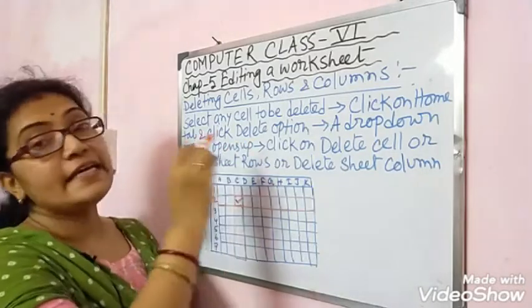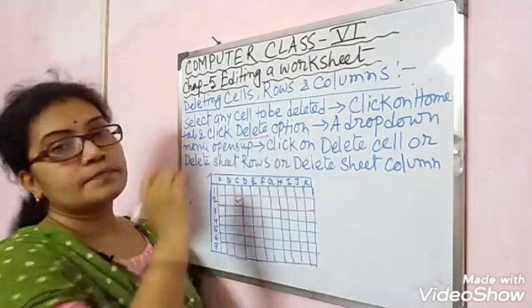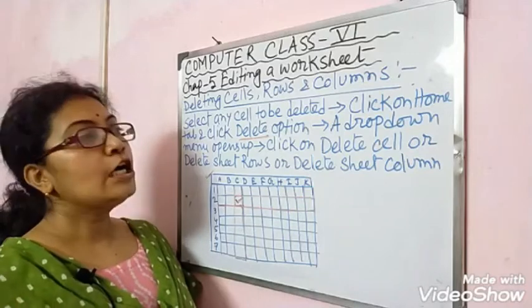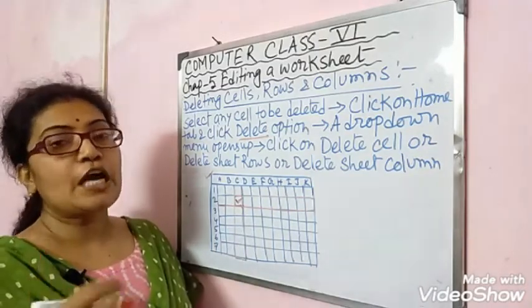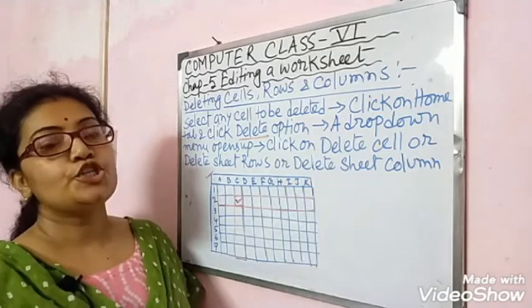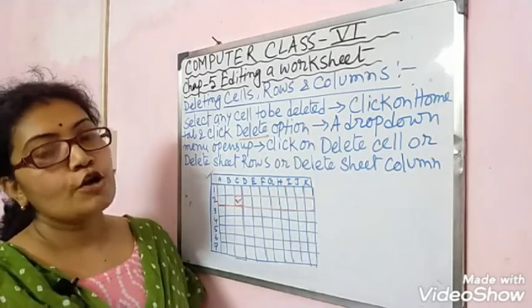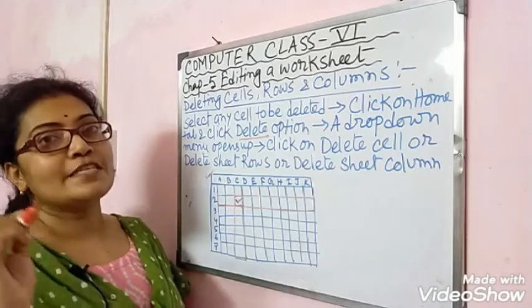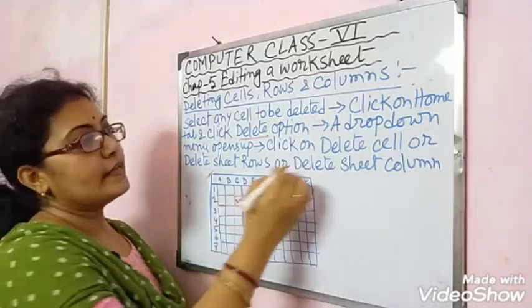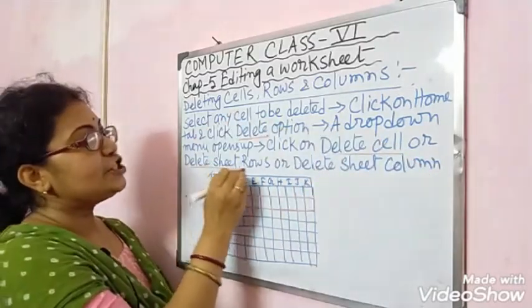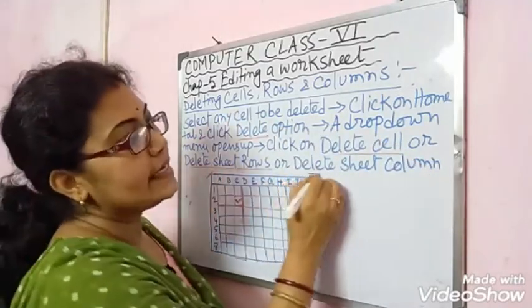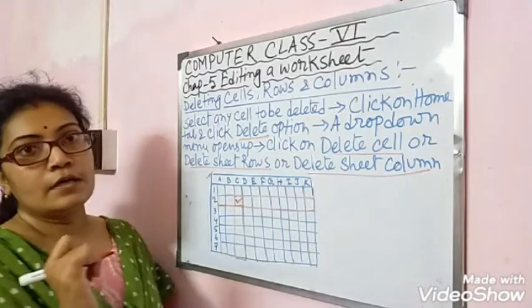After that, we click on the Delete option. Whenever we click on Delete, a drop down list will be shown. From there, you must select delete cells, delete sheet rows or delete sheet columns.